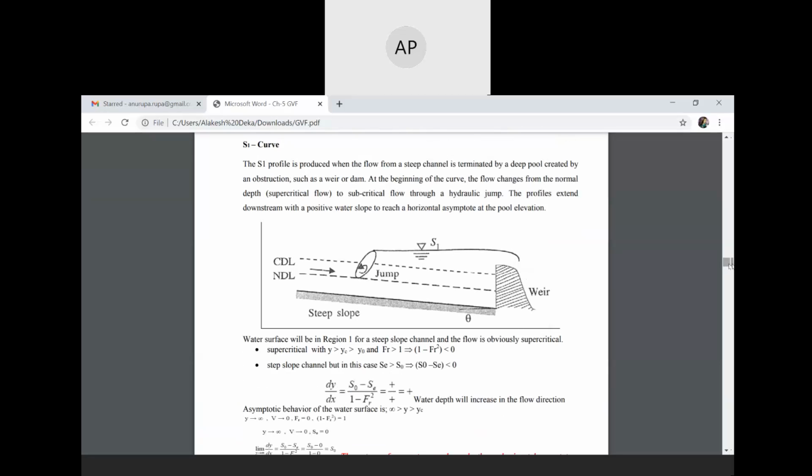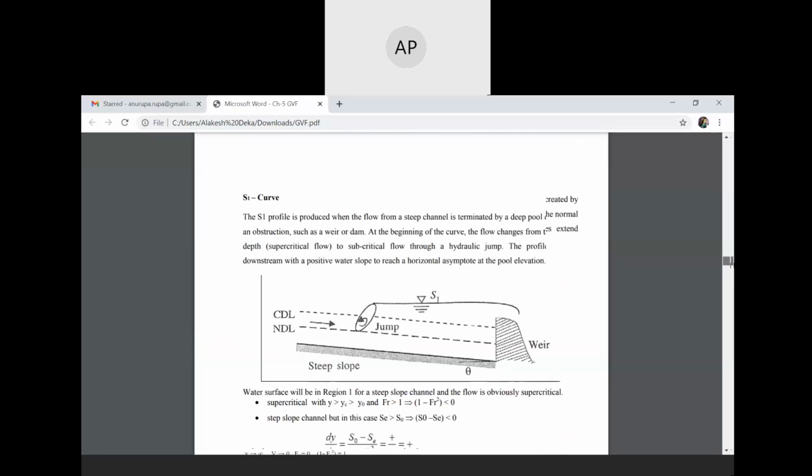Okay? At the beginning of the curve, the flow changes from the normal depth to subcritical flow through a hydraulic jump. The profile in the downstream with a positive water slope reaches a horizontal asymptote at the pool elevation.